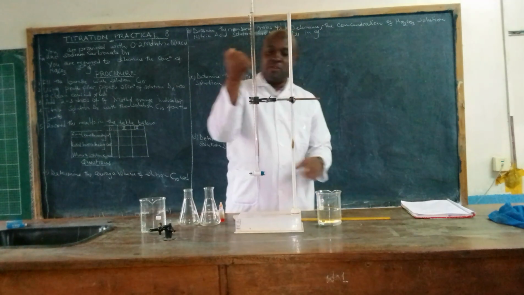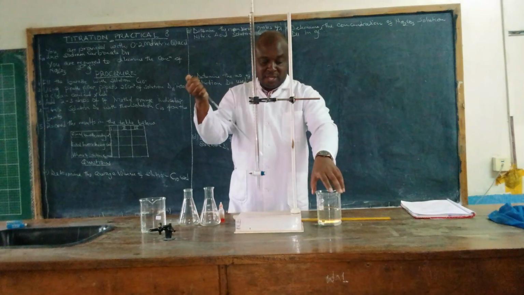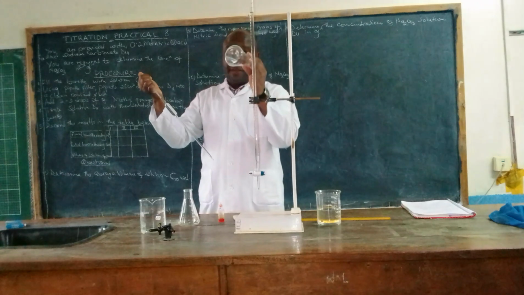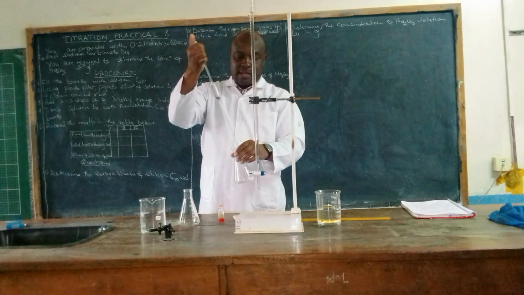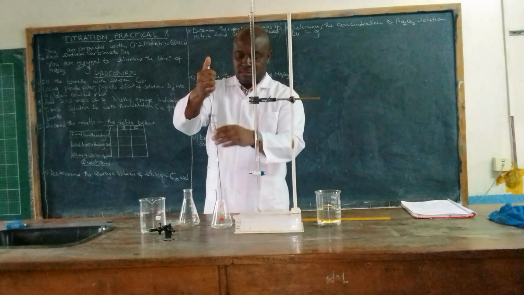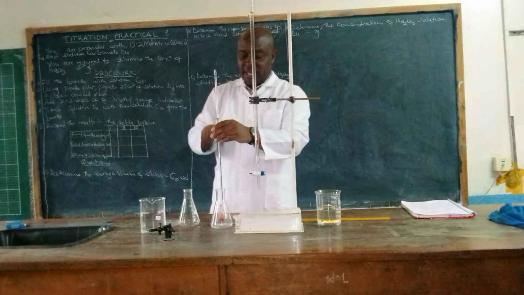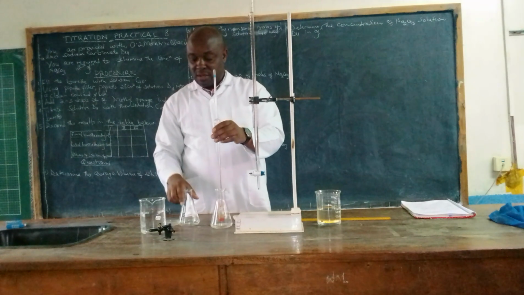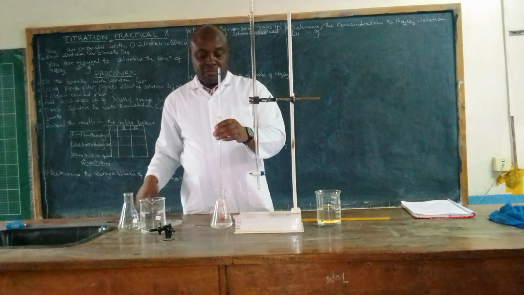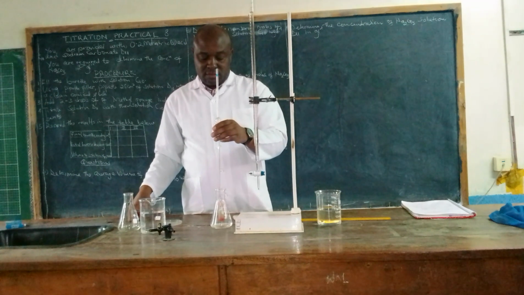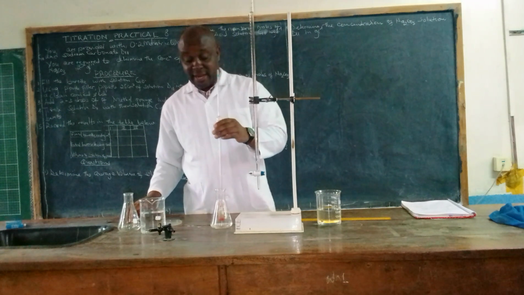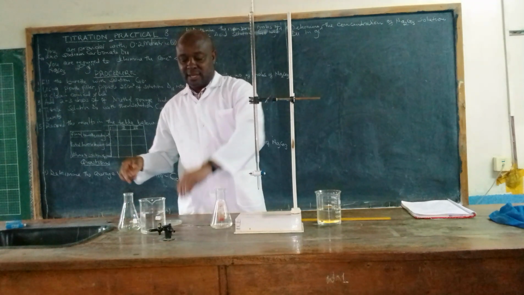So this is 25 cubic centimeters of D11. Now I'm putting it into a very clean conical flask, like that. You make sure all the solution enters into the conical flask before you start the fast titration. Make sure the last drop enters into the conical flask.